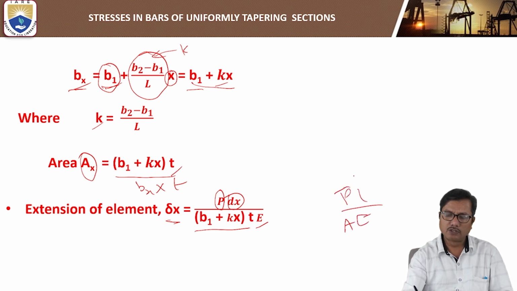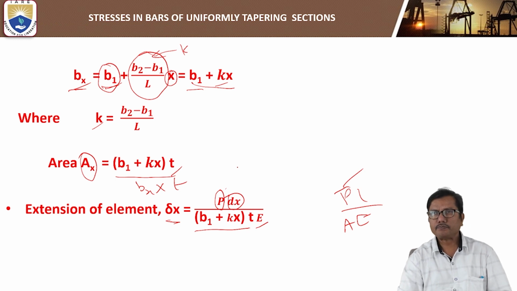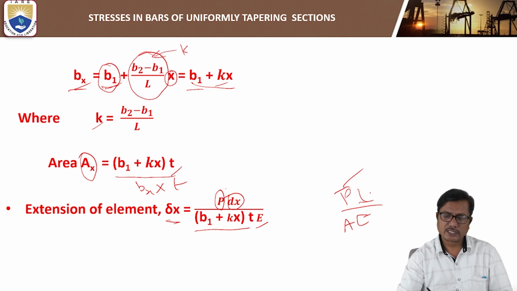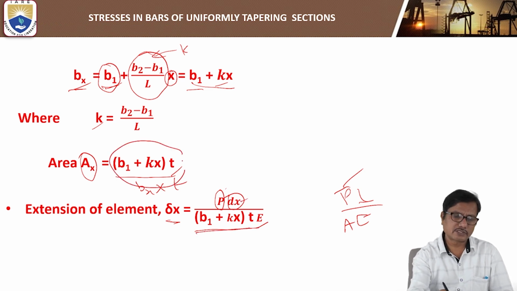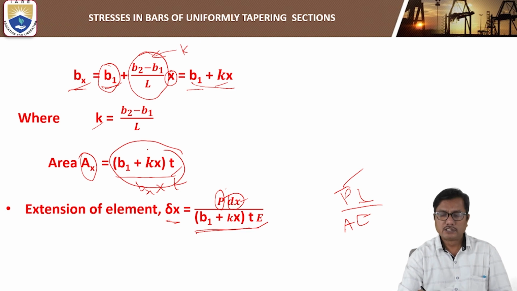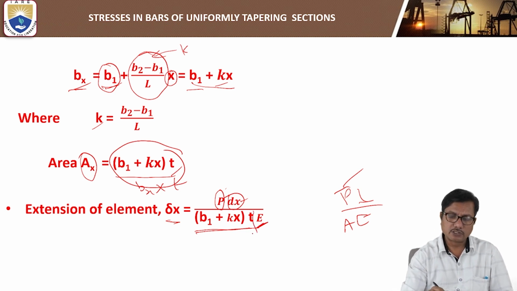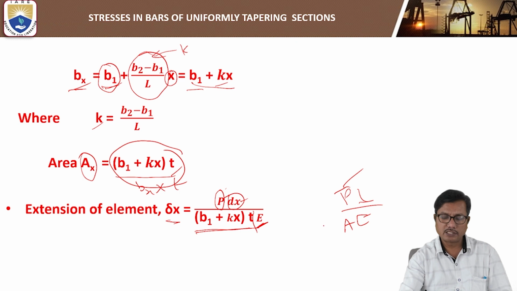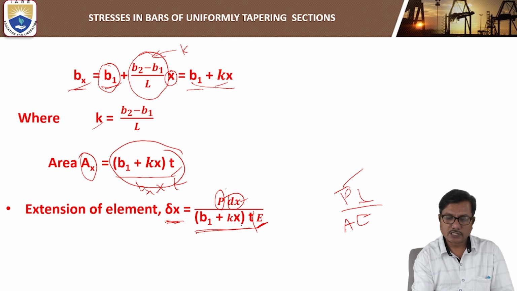Here the load is P, the same load acting throughout, and the length of the element is dx, area Ax, into E, Young's modulus. So this expression we will use here. If you observe this, it depends on x.